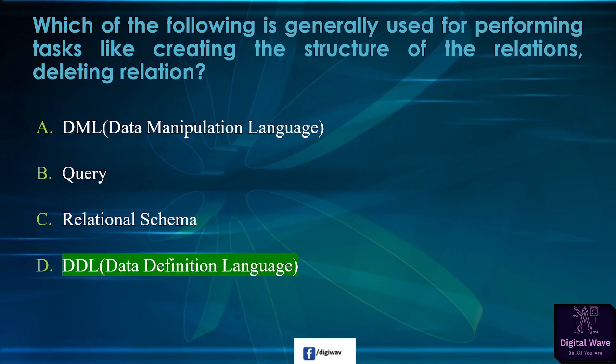So the right answer will be D, DDL, data definition language. The term DDL stands for data definition language, used to perform all other essential tasks such as deleting relations and related schemas, and defining the structure of relations.